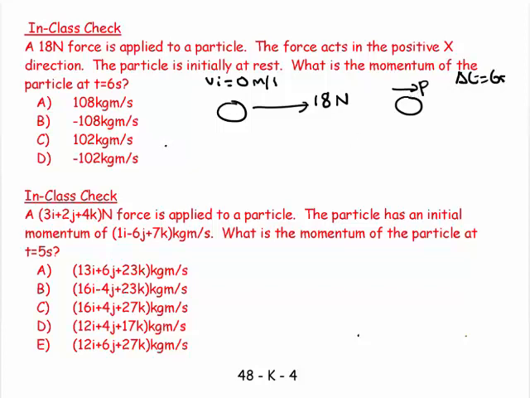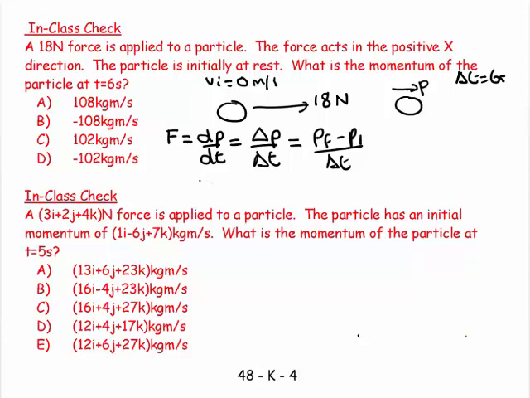And let's have a look. I know that F is equal to dp by dt, which equals, well, if I assume a steady force, delta p by delta t, and my delta p would be p final minus p initial over delta t.